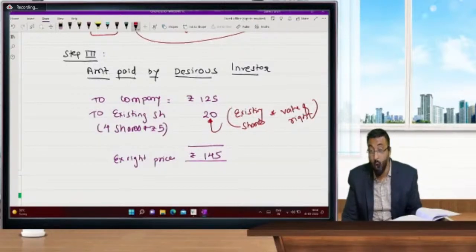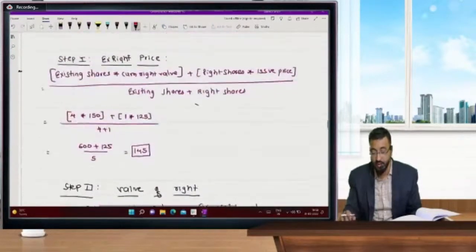This is the logic so that you won't lose any money, beta. 150 minus 145 is 5 rupees per share, you take it from your friend, 4 shares, 20. So you will not be in any loss. Now the desirous investor will pay 145 rupees, the one who wants to take this share. So this is how you have to divide it in 3 parts.